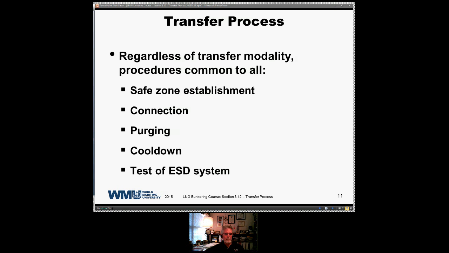It may contain a little bit of methane gas. So what happens is that arm will be purged with nitrogen. Nitrogen will be supplied from the shore supply.